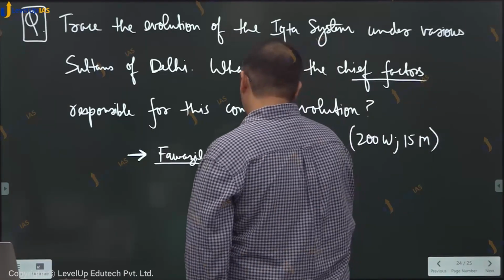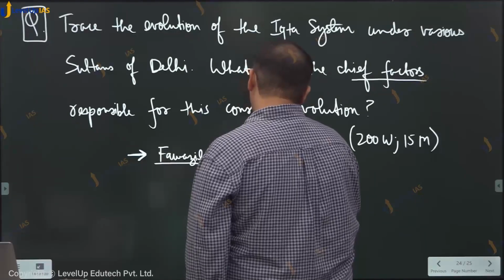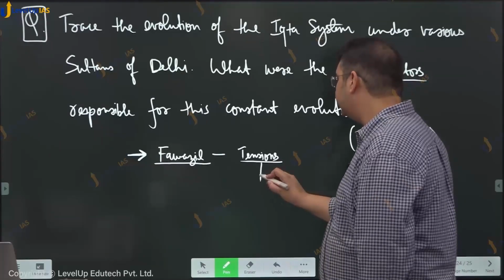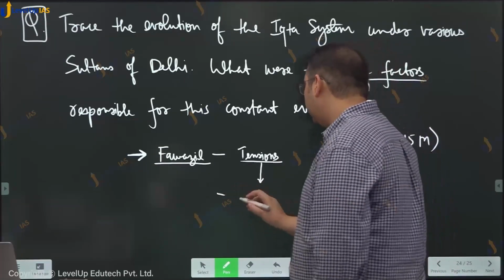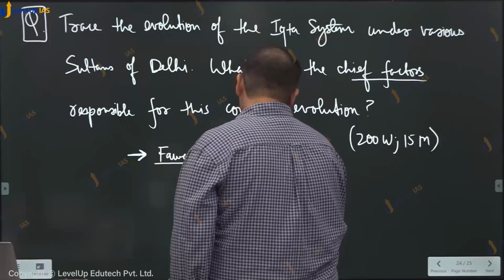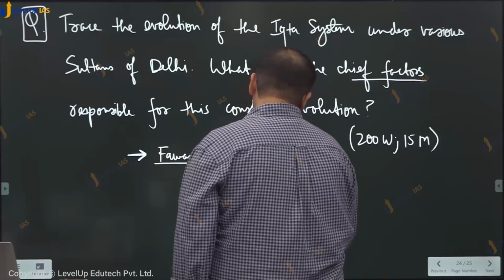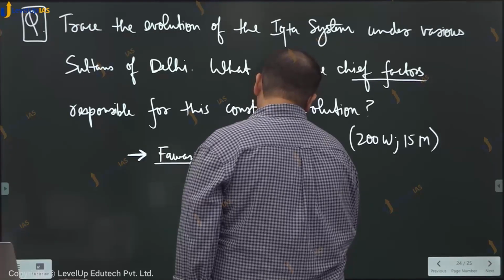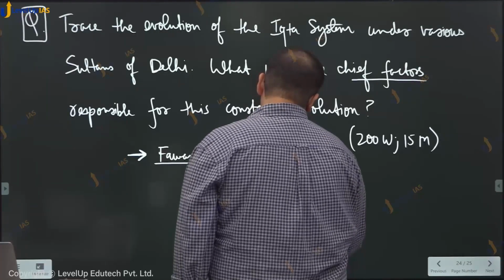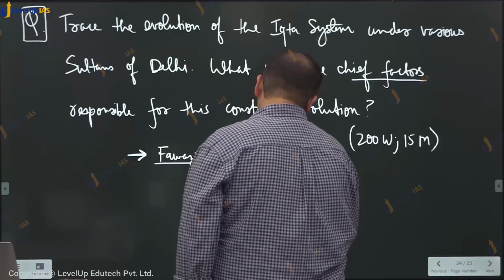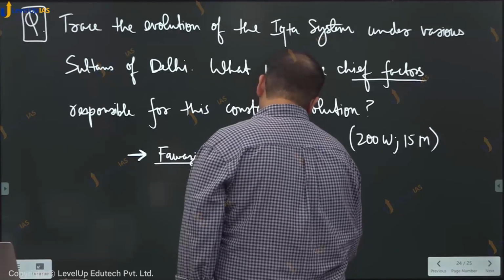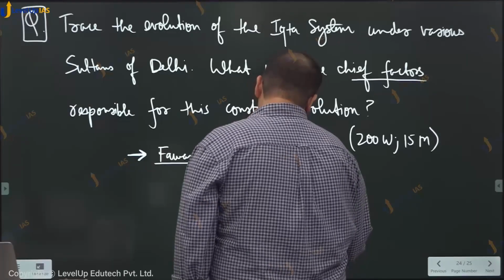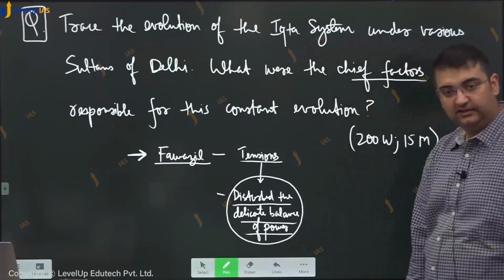So it led to tensions, and these tensions disturbed the delicate balance of power that existed within the Delhi Sultanate.